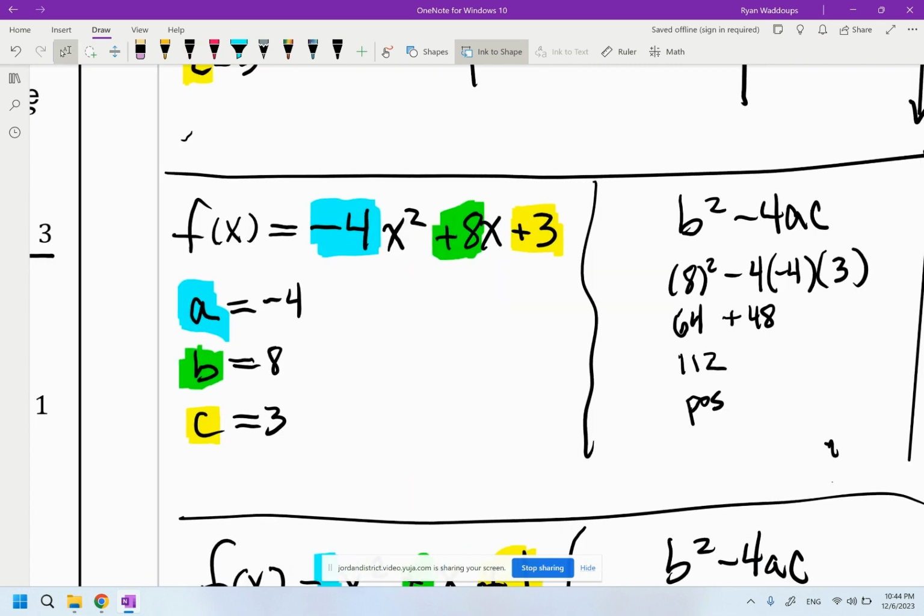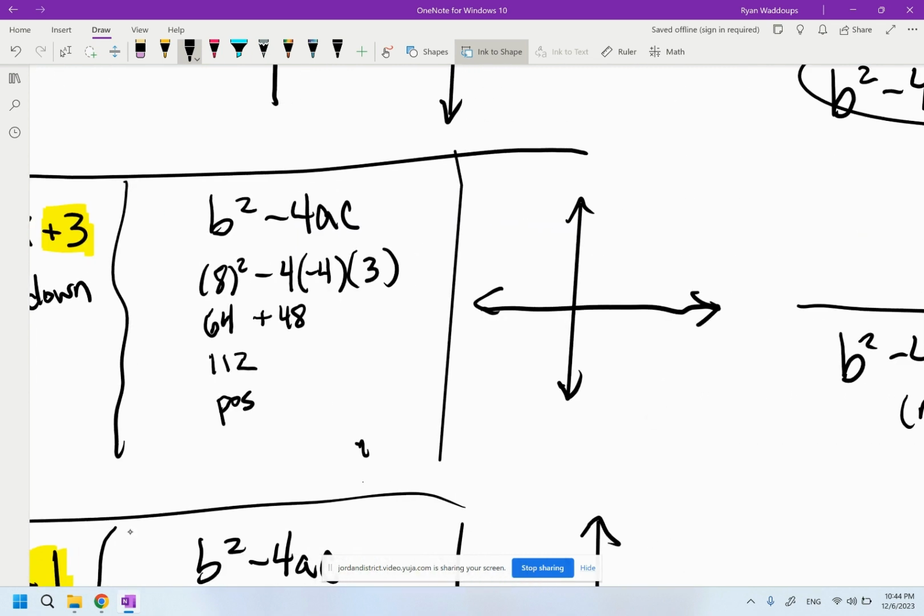It's going to have 2 solutions, but also my A value is negative 4. And since it's negative, that tells me, hey, this is going to open down. And so I know that it's going to look something like this. It's going to have 2 solutions because it's positive, and it's going to open down because A is negative 4.